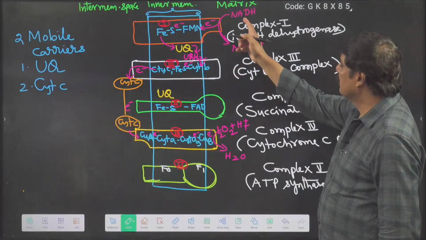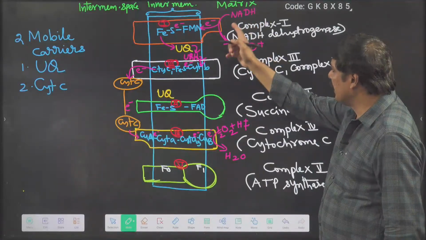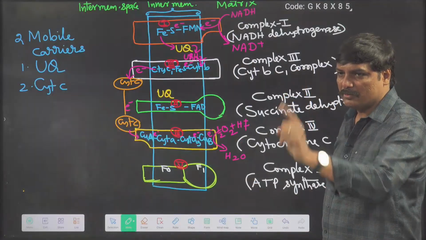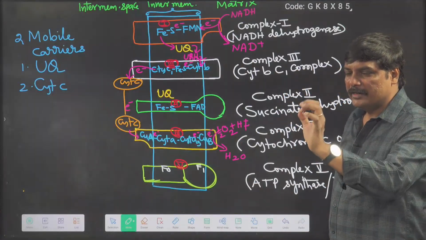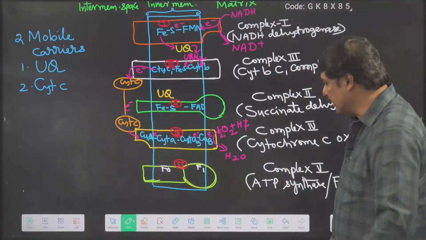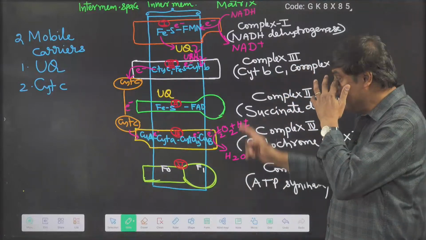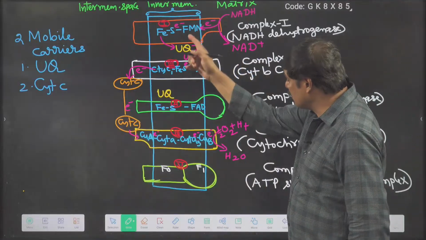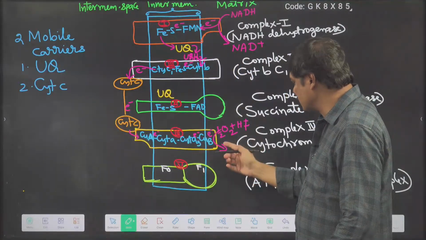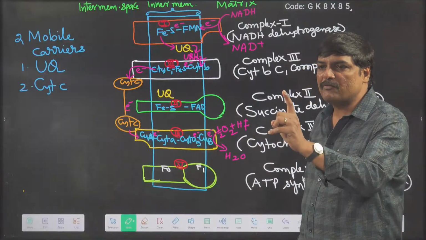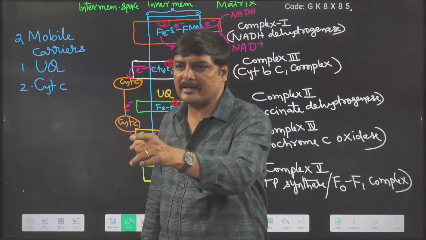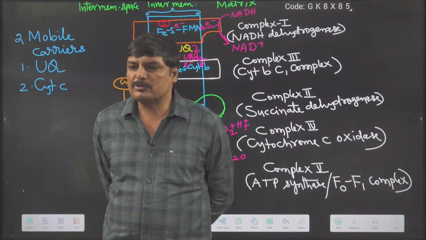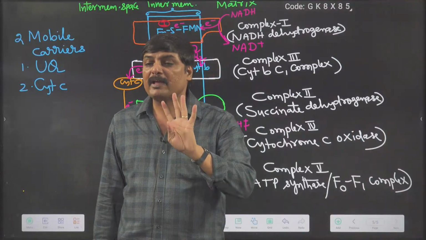That means each NADH oxidized in complex 1 forms one water molecule, and the terminal hydrogen acceptor, the terminal electron acceptor, is oxygen. So the role of oxygen is present in which complex? Complex 4.